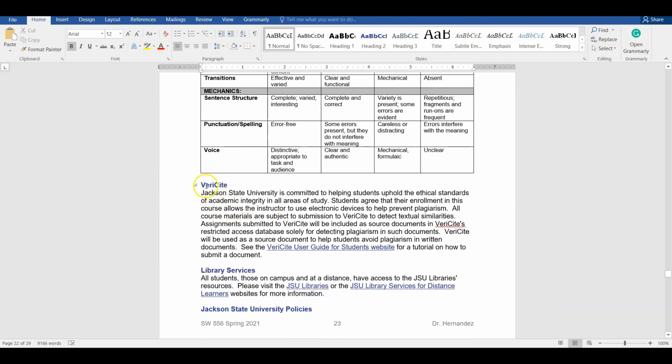We really don't have Verisite. We have Turnitin, so everything would be run through Turnitin. Please check the results.